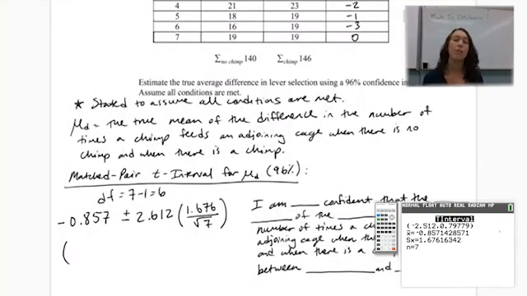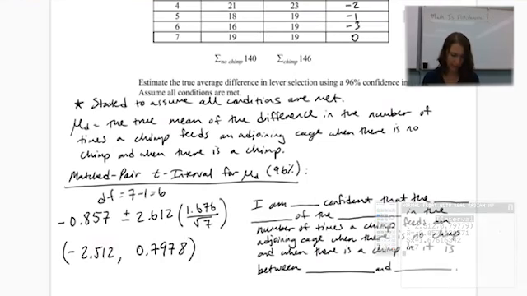Now that I've shown that I know my formula, I can just write down what my calculator is showing: -2.512 to 0.7978. All right.